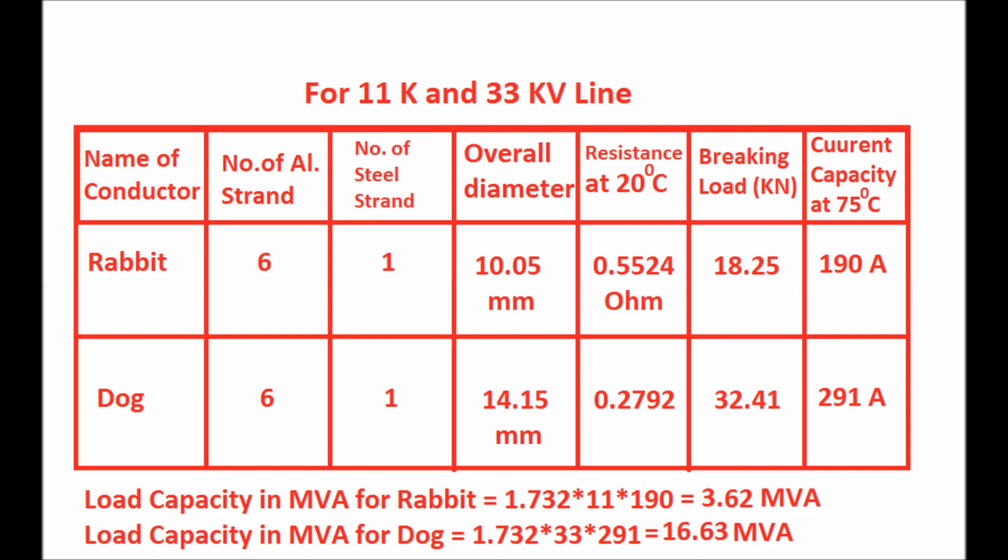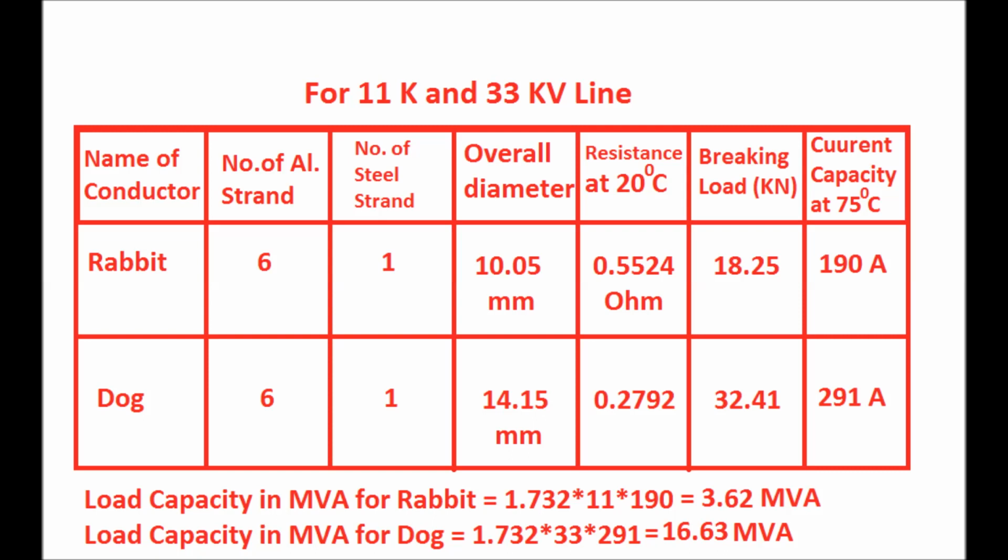Again, the dog conductor is normally used for a 33 kV line. It is used for distribution lines. The number of aluminum strands is 6 and the number of steel strands is 1. The overall diameter is 14.15 millimeter and the resistance at 20 degree centigrade is 0.2792 ohm. The breaking load is 32.41 kilonewton, and the current capacity at 75 degree centigrade is 291 ampere.